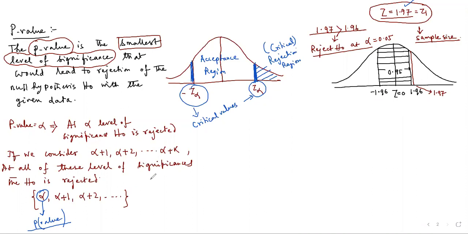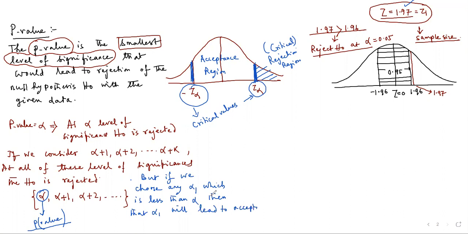But if we choose any level of significance which is lesser than alpha, then that will lead to acceptance of H naught.